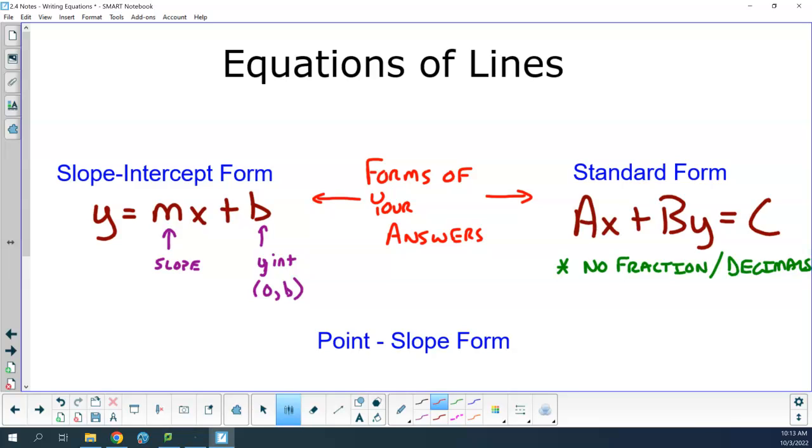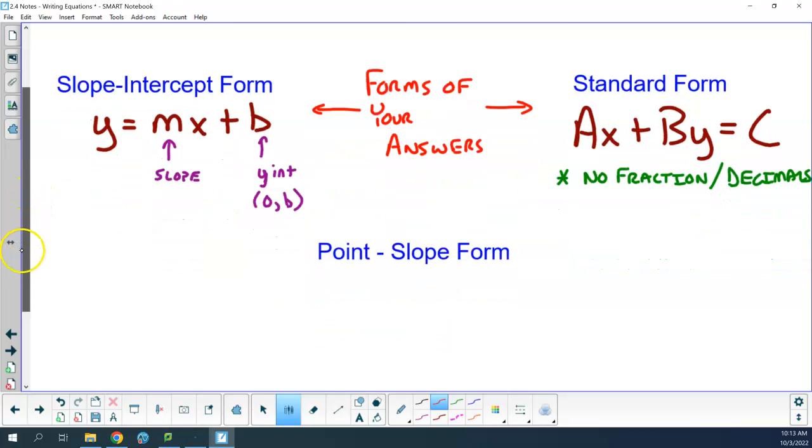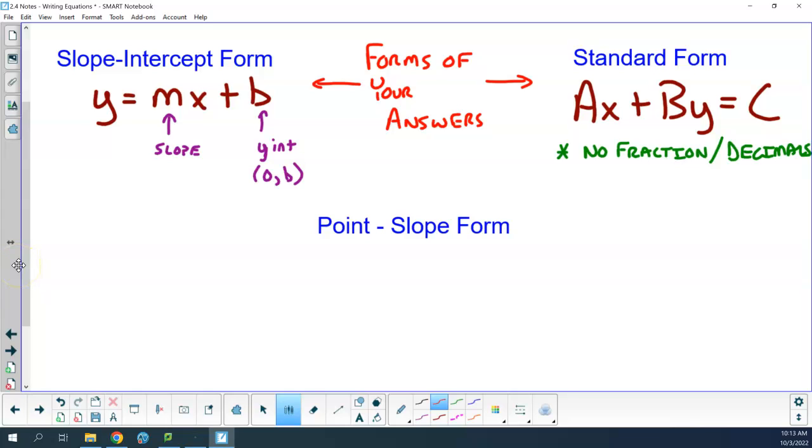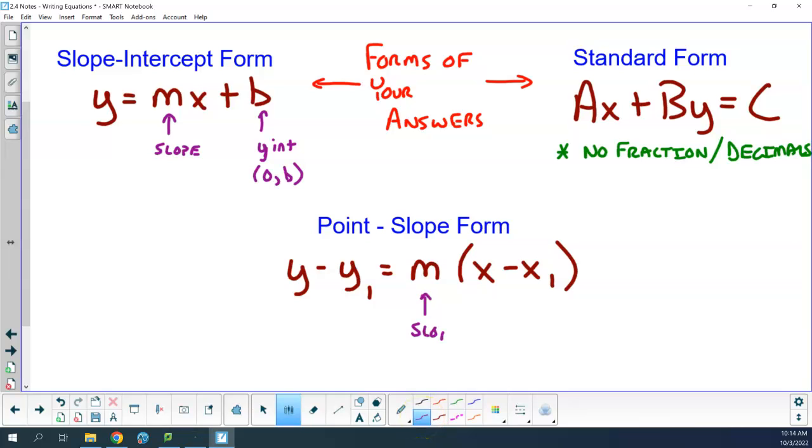Okay? To get to those two, you will most likely, at some point, have to use the point slope form of a line. And the point slope form of a line is a great tool to have in the toolbox because it has the slope part and it has any point or some point x sub 1 comma y sub 1 that is on the line.